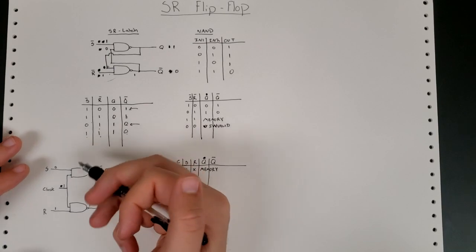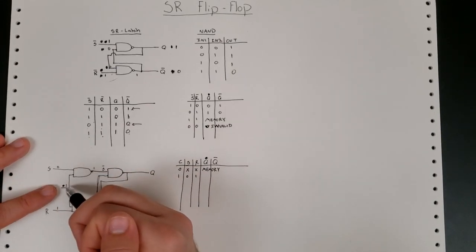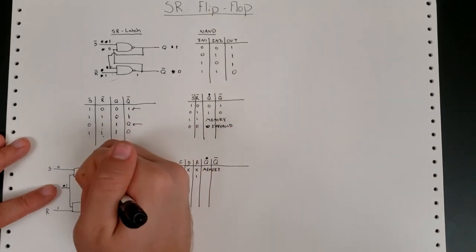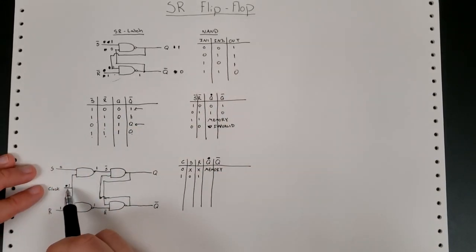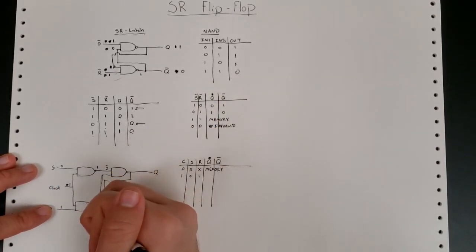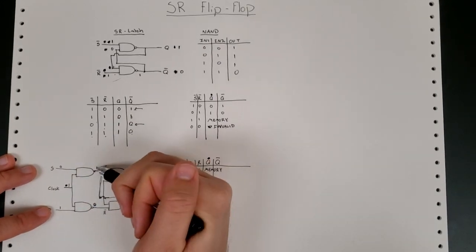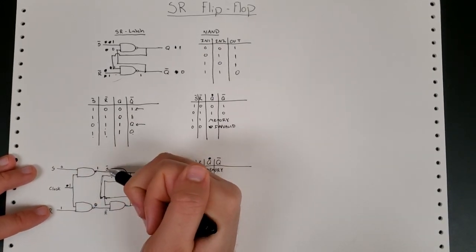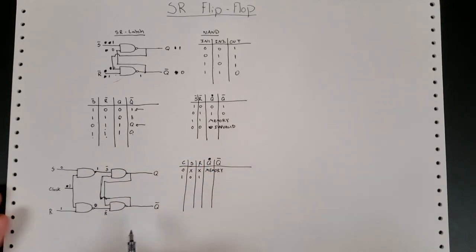Then the output of this first NAND gate, if this is 0 and 1, will be 1. So that will stay as 1. And then the output for this second NAND gate, if both inputs are 1, is going to be 0. So this becomes a 0 here. So because this output is 1 and this output is 0, you can see that this complement of S is 1, this complement of R is 0.